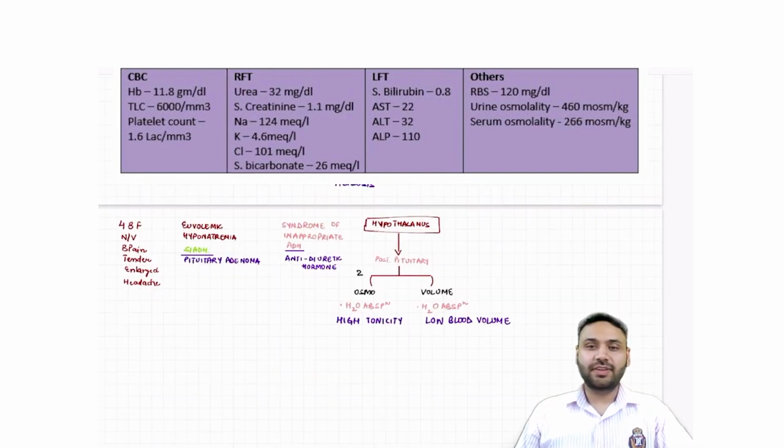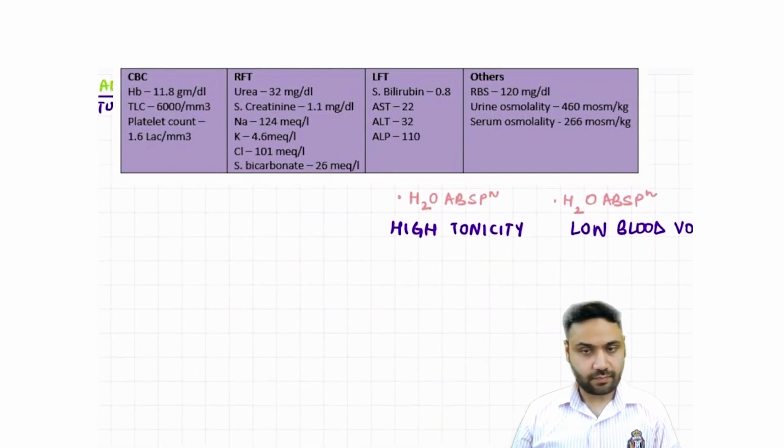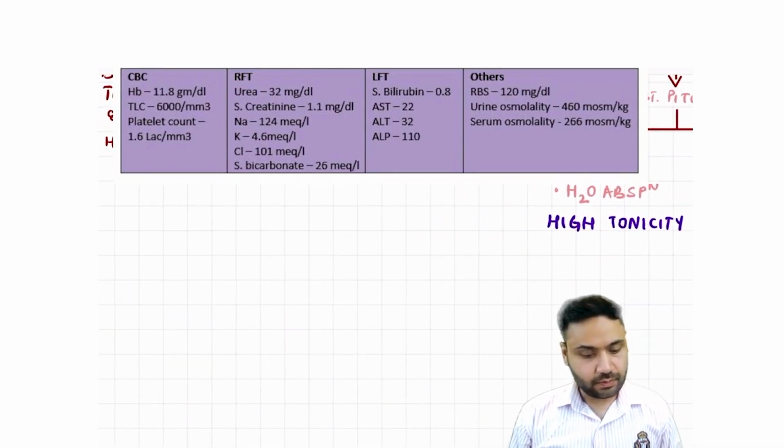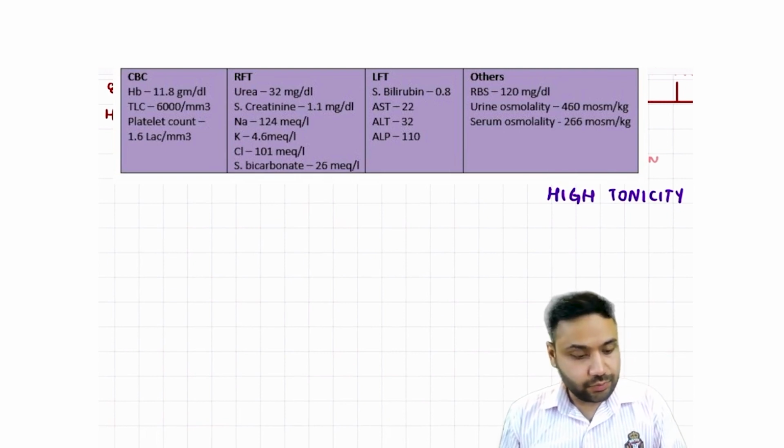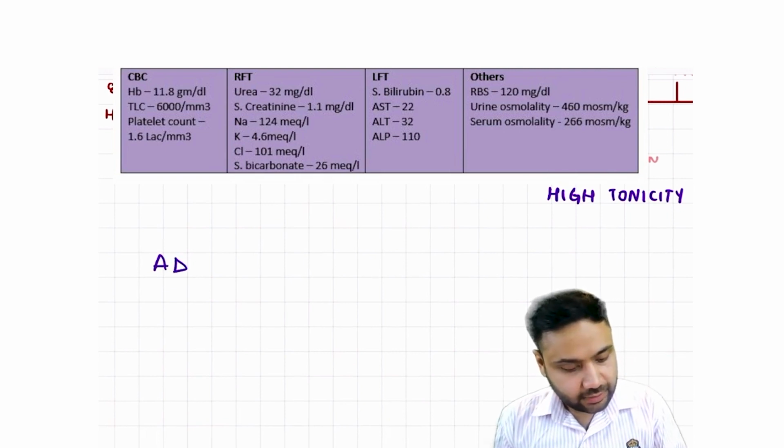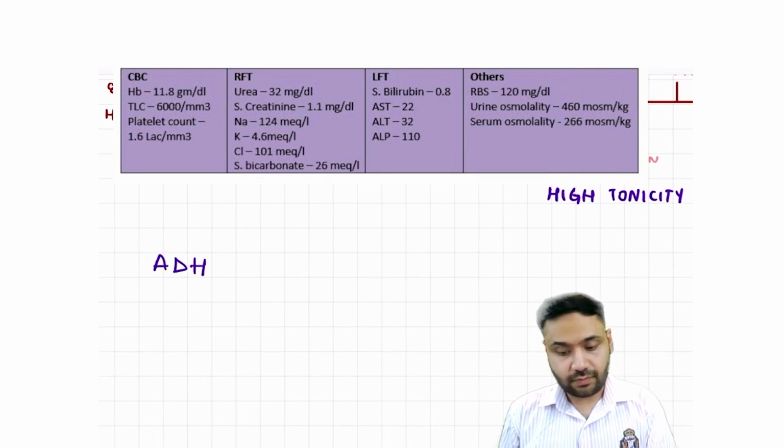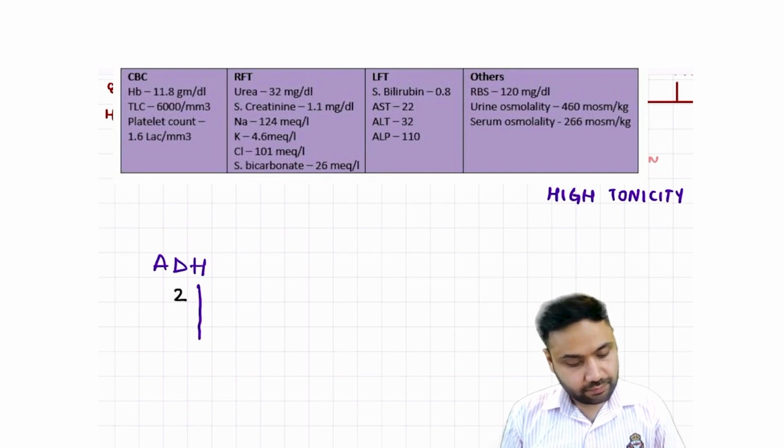Let's move on to the effects of ADH. ADH produces its effect via two receptors, V1 and V2.